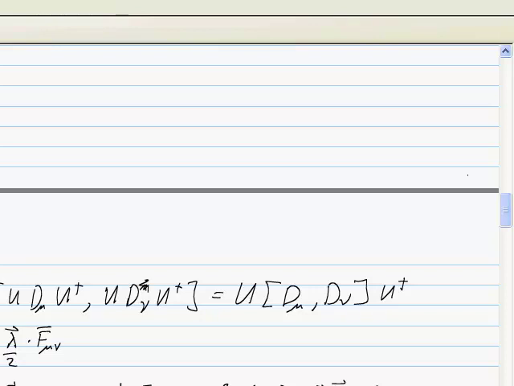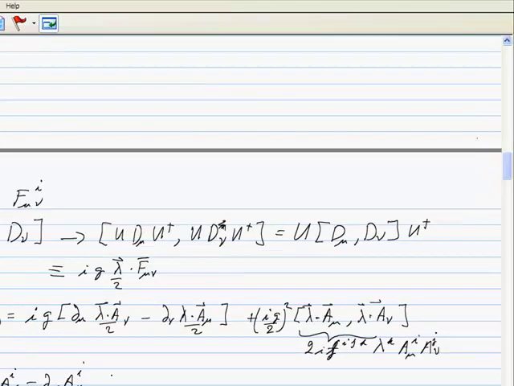Rewriting this, let me just do it. One ig/2 disappears. The other 1/2 cancels that 2. There's still a g, and I have to rewrite the indices, and I won't do the minus signs in my head.